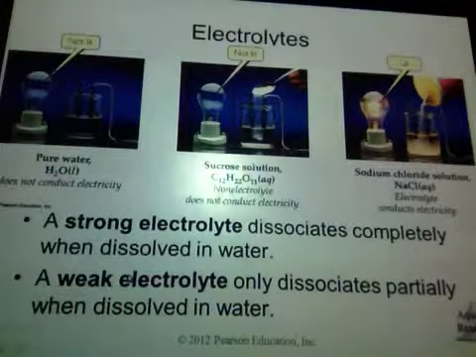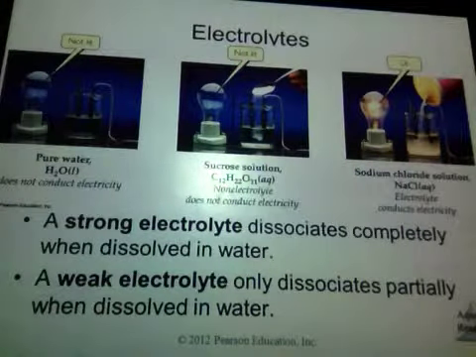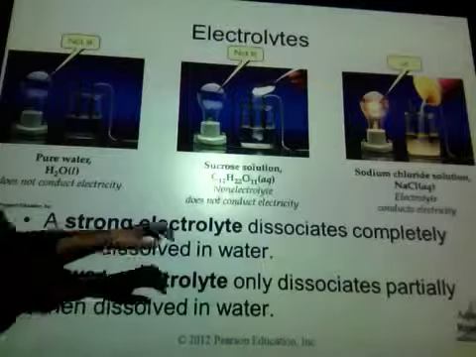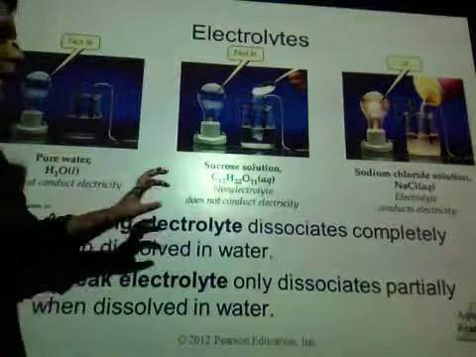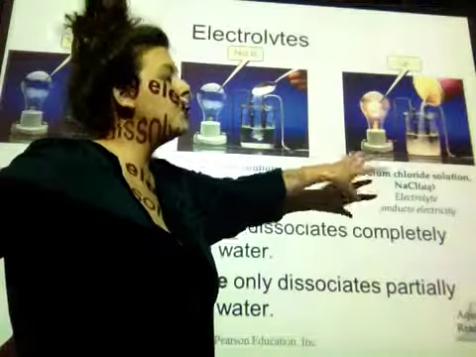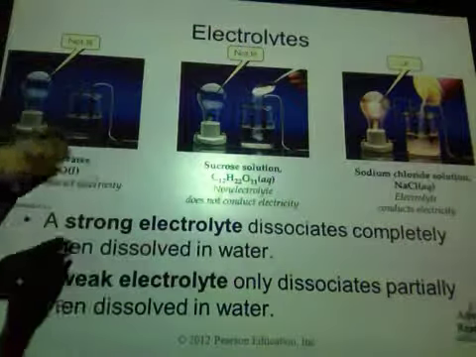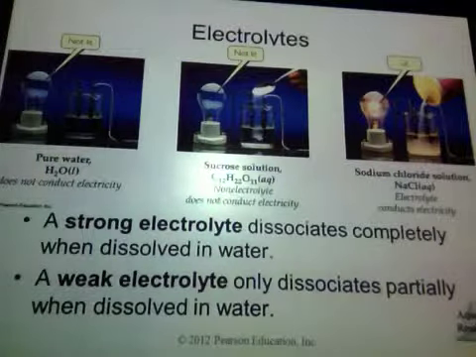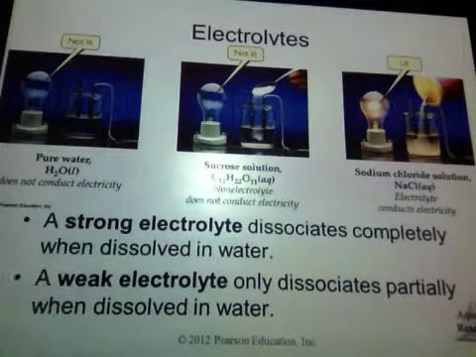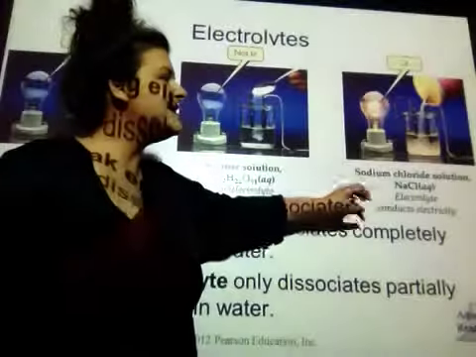Okay, electrolytes. We just said that sodium chloride is a really good example of an electrolyte, because when sodium chloride is dissolved in water, sodium ions and chloride ions are produced.